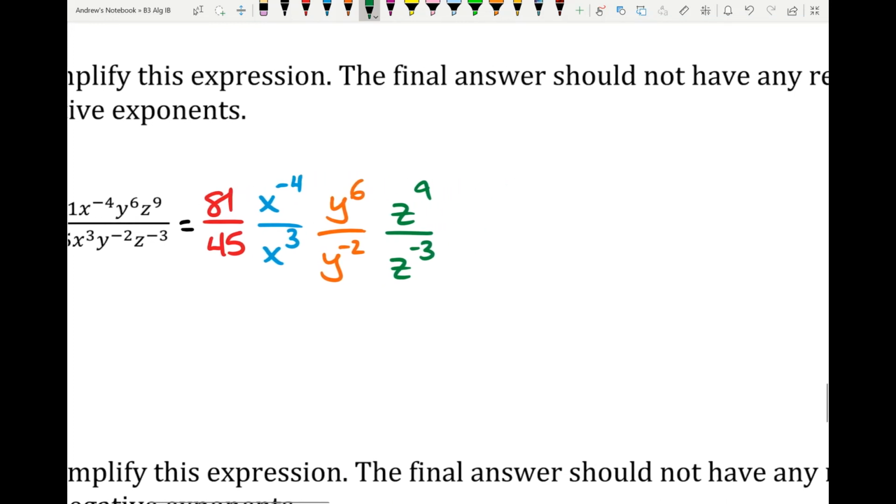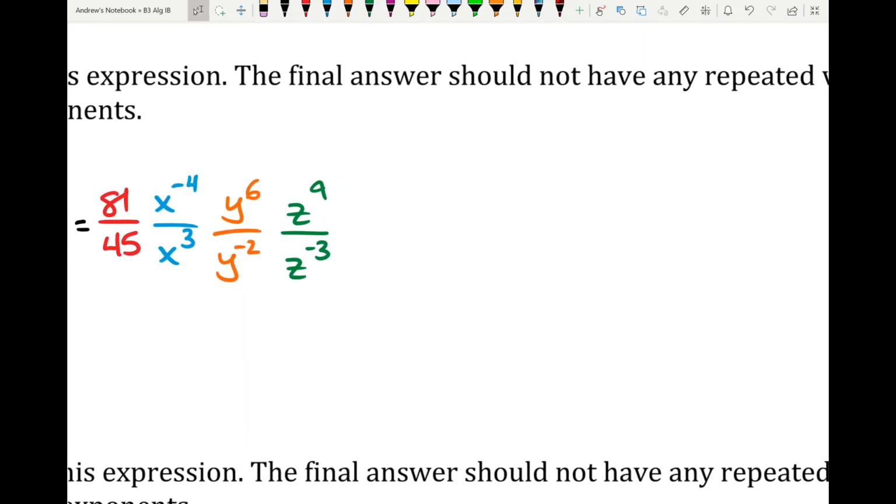Right? So again, as we go through these, I'm just going to take it one step at a time. If I have 81 divided by 45, thinking about how I can reduce that, I can divide them both by 9. So I can turn 81 over 45 into 9 divided by 5.